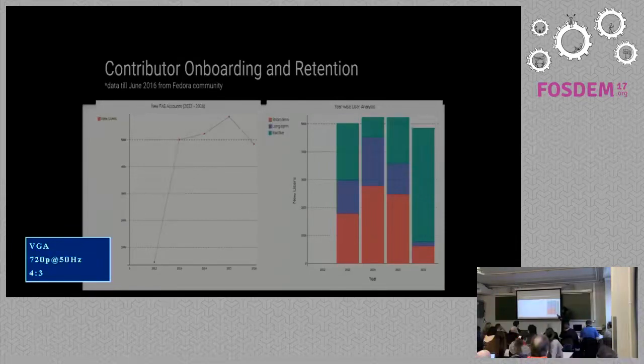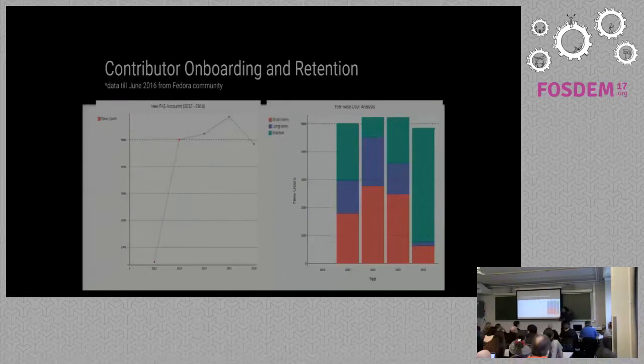After 3 months of the joining date, there was no activity for these accounts. The blue ones are the long-term ones, which also had activity after 3 months and even after 1 year. So they continued.